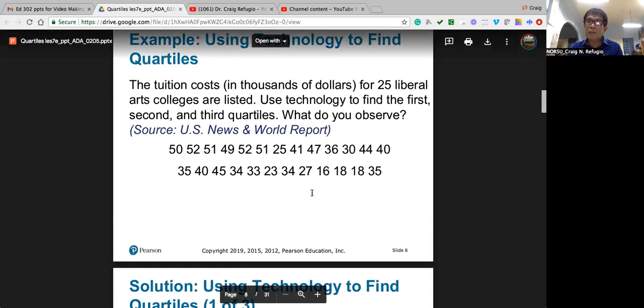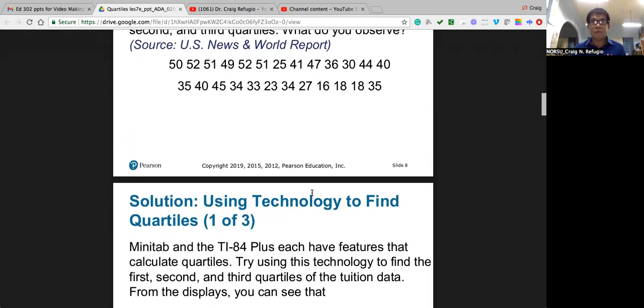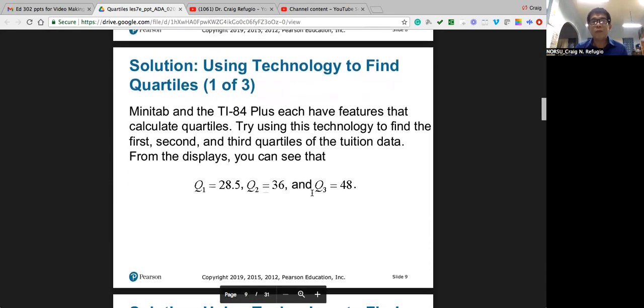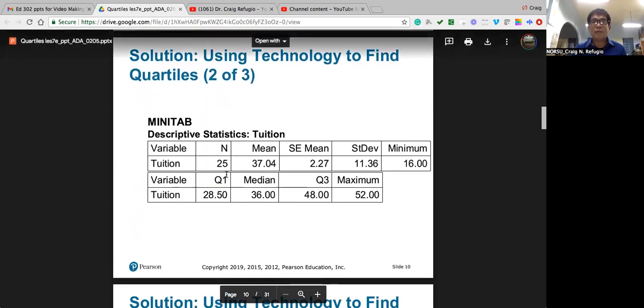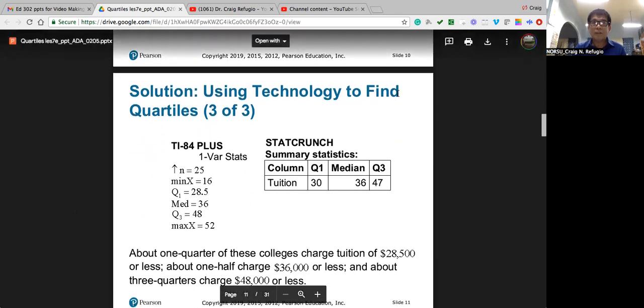All of this will be loaded to the software. It can be Minitab, TI-84, Microsoft Excel, or SPSS. The meaning of SPSS is Statistical Package for the Social Sciences. From Minitab, you are given this kind of table directly, generated automatically. TI-84 generates it also.